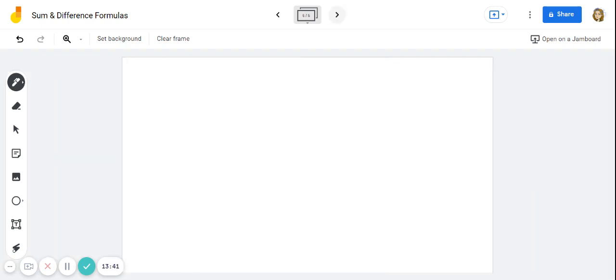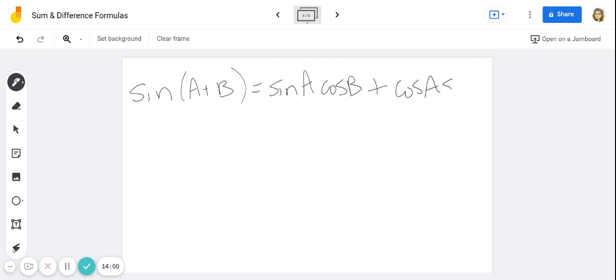Let's say they want us to find, let's just pick one of them. Let's say they want us to find sine of A plus B. Well, we know that that formula is sine of A times cosine B plus cosine A times sine of B. Let's plug in values. Okay, I'm going to have to go back because I forgot what we had.